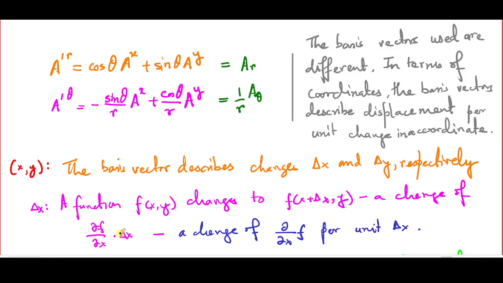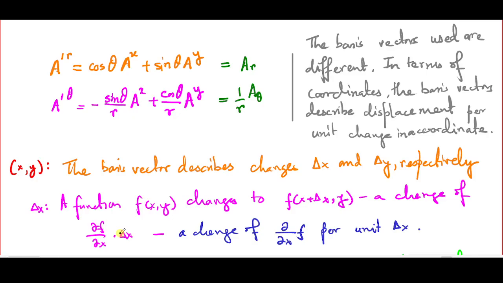And we have already seen before that we cannot really talk about very large changes, especially when we are using other coordinates, because the curves will then no longer be straight lines. We only talk about infinitesimal changes. So delta x has to be infinitesimal, and we would like to talk about the rate at which f changes when you just change x.